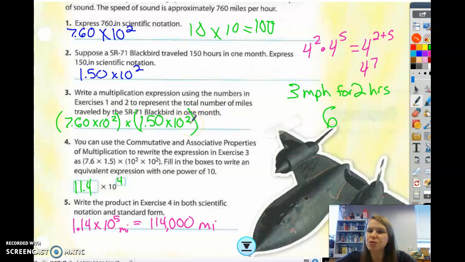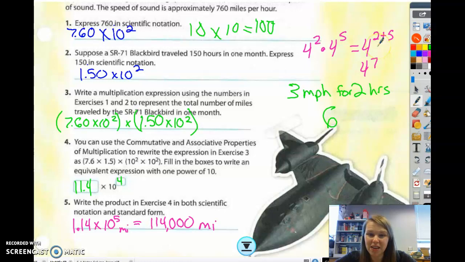Hey, really quick, do you remember in the last sections we were talking about something like 4 squared times 4 to the 5th? If the bases are the same, you can rewrite the base and then add your exponents together. So 4 squared times 4 to the 5th ends up being 4 to the 2 plus 5, and that ends up being 7.